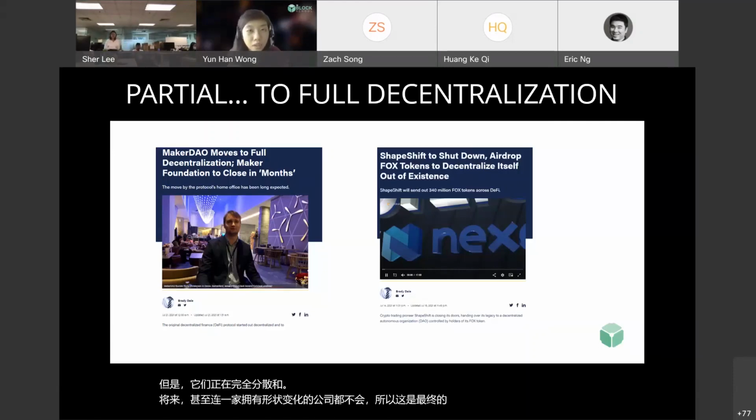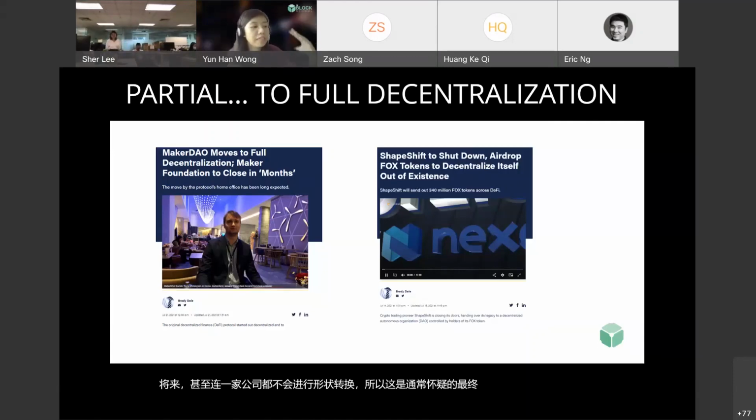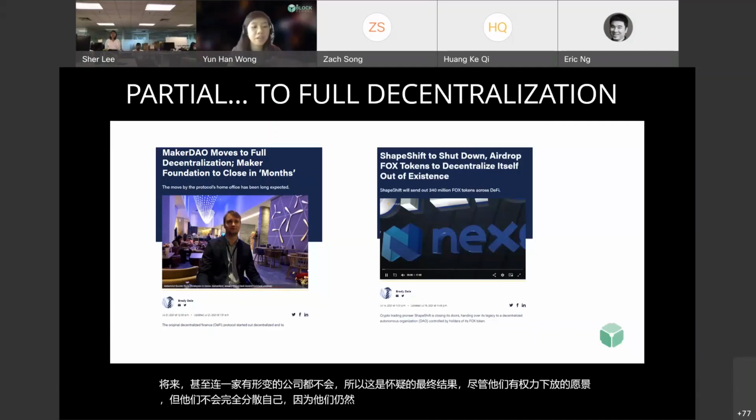Normally, DAOs, although they have the vision of decentralization, will not fully decentralize themselves at first because they still need to build effectively and make sure they have a good base. But when the DAO is up and running and everything is great, you can see the DAO shift to a real, fully decentralized DAO.